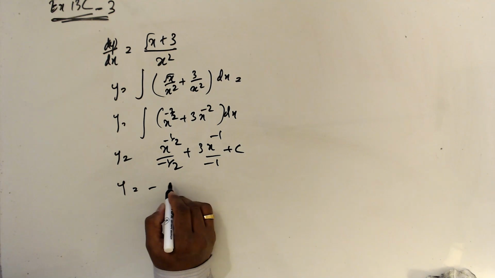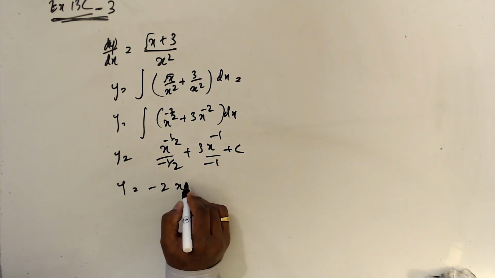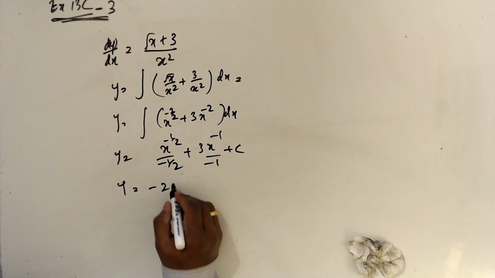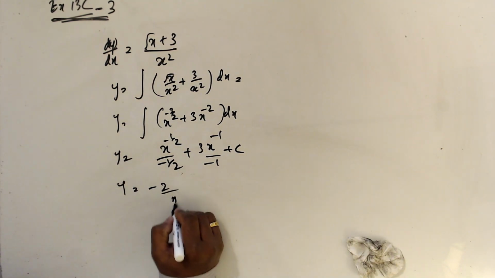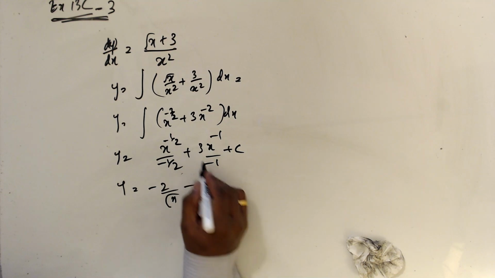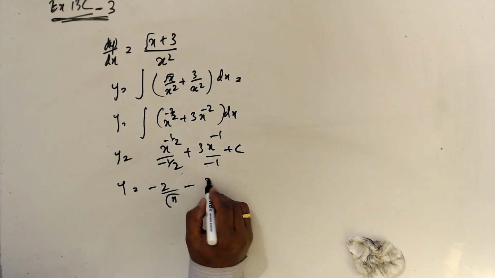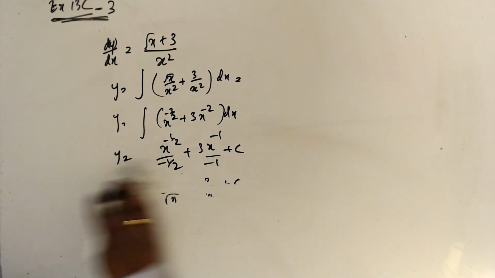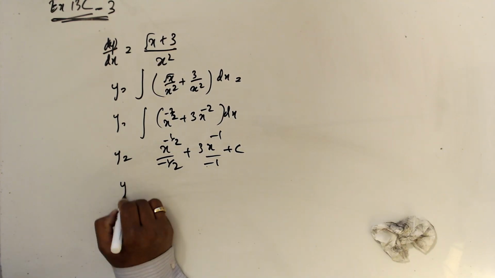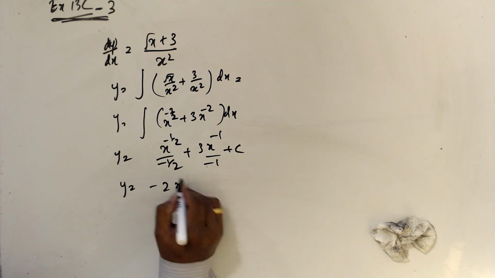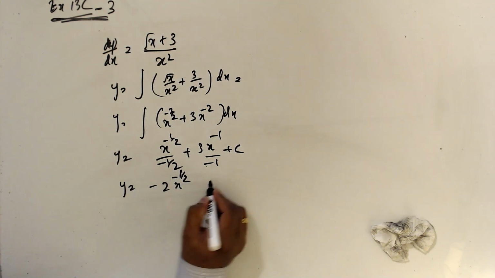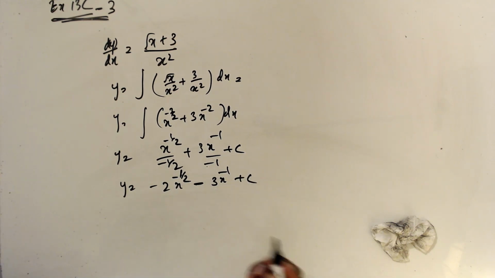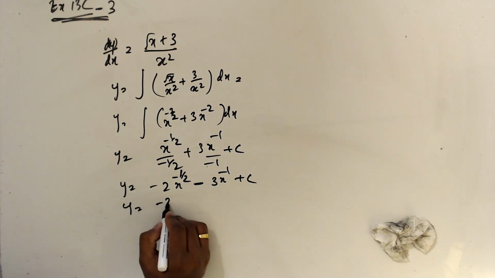So y equals minus 2x^(-1/2) minus 3 over x plus c. Actually I went with one more step, which is not good, and so this will improve your accuracy. So 3x^(-1) plus c. Then we'll go back to it.